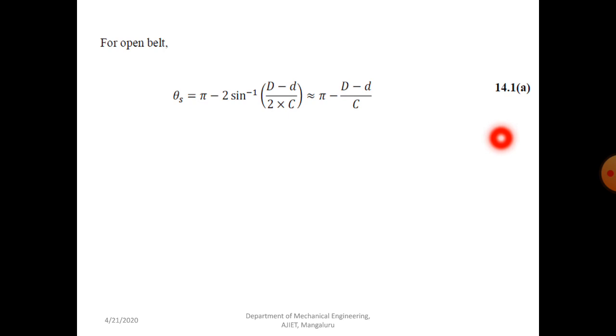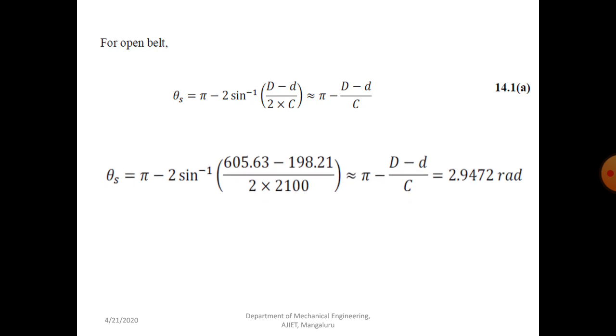That is from equation number 14.1a in your data handbook. After substitution you will get pi minus 2 sin inverse. The D value you already calculated, similarly small d is also calculated, and the c value is the given center distance, 2100.